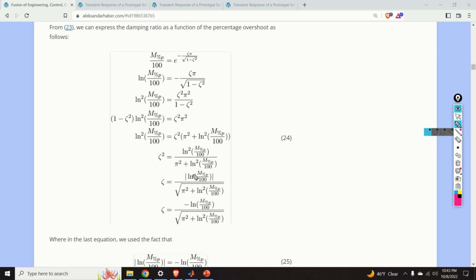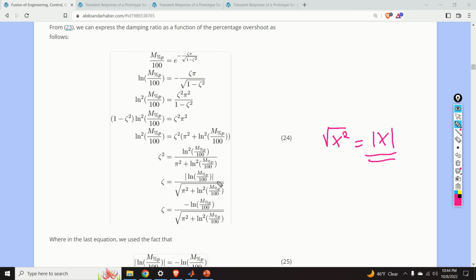Here you should be very careful while taking the square root, since the square root of x squared, where x is a real number, is actually equal to absolute x. And here you should be very careful because the square root is a positive function.